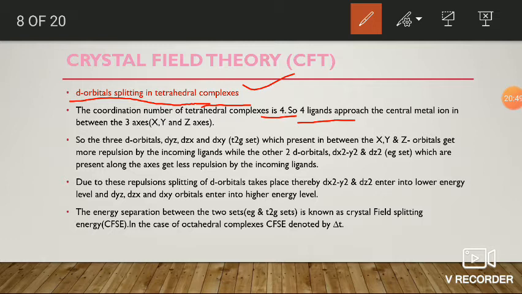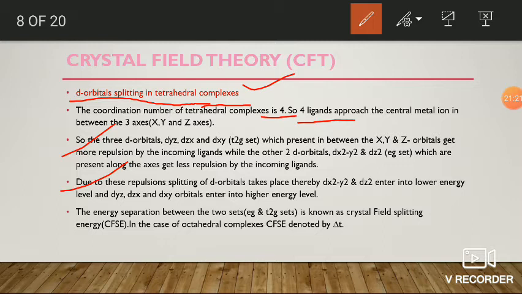But the dxy, dyz, dzx orbitals, which are located in between the axes, get more repulsion with the incoming ligands, so they get more energy compared to the eg set. So here the t2g orbitals enter a higher energy level, but the eg orbitals enter a lower energy level. Okay.